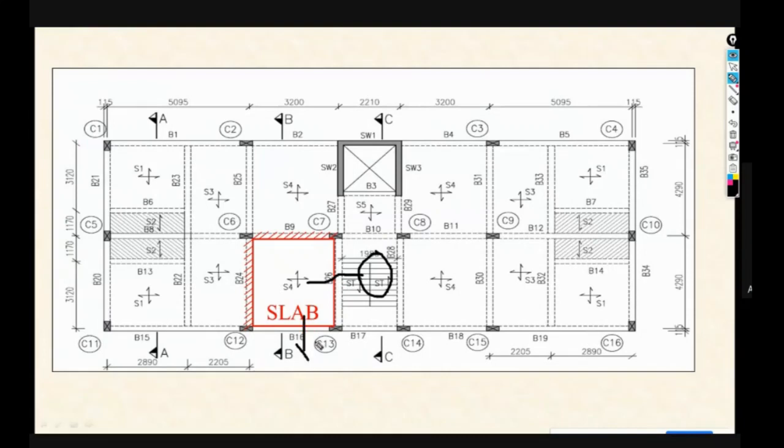Similarly in this direction also the reinforcement is not continuous, so we can consider 2 adjacent edges are discontinuous. So first we will see which condition is there.